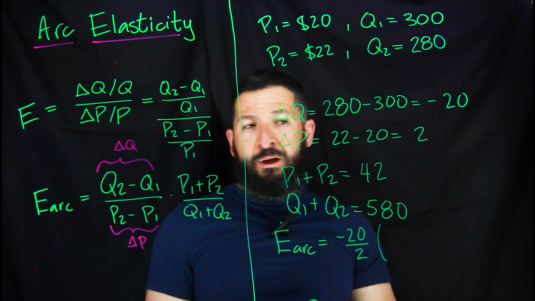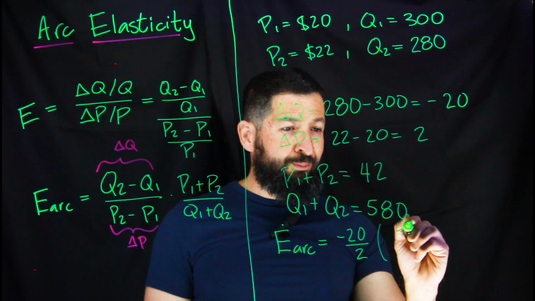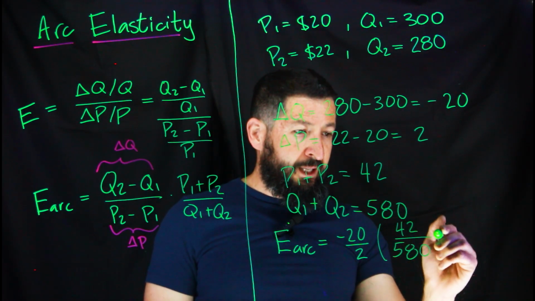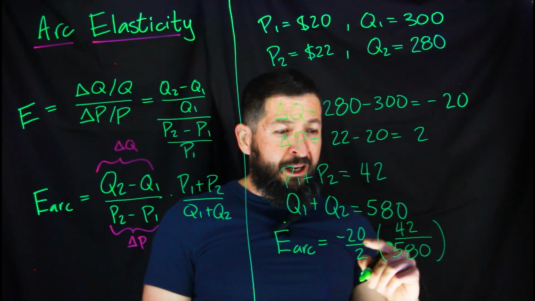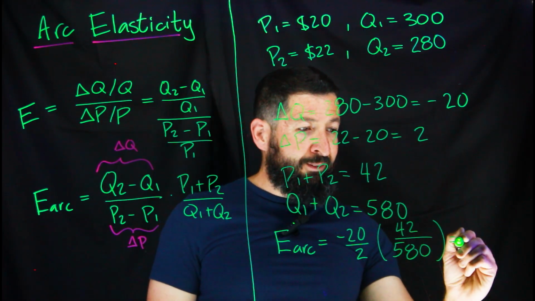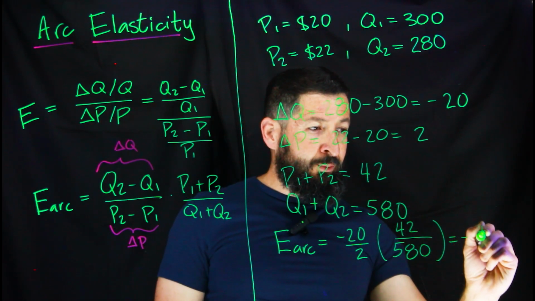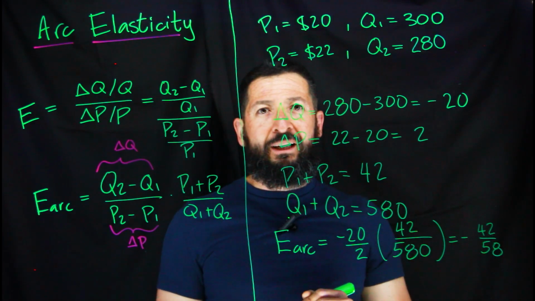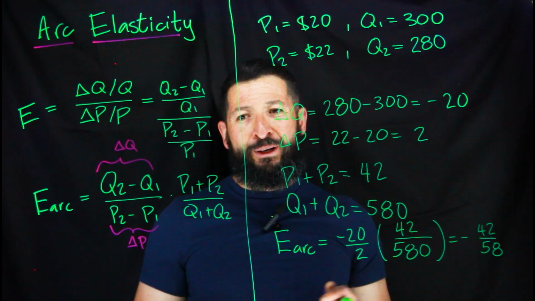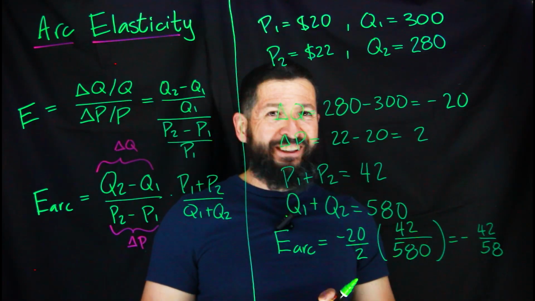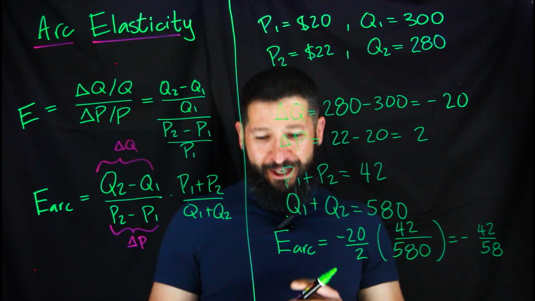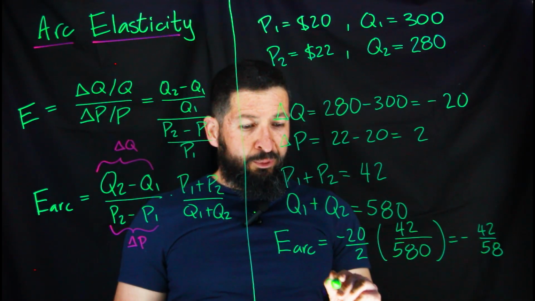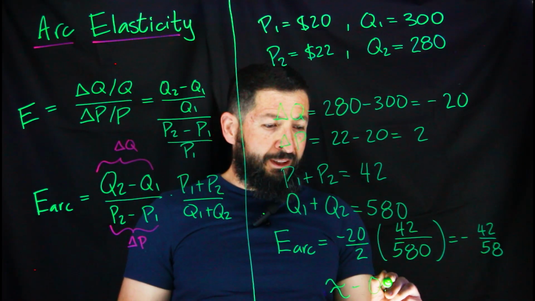And then we have P1 plus P2, which is 42 over 580. And at this point, we can compute. This is going to be negative 42 over 58. I'll put that in my calculator, meaning my phone, because I don't have anything here, and I'll be right back. So it is going to be approximately negative 0.72.